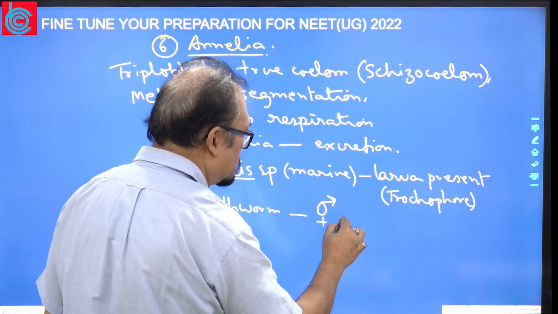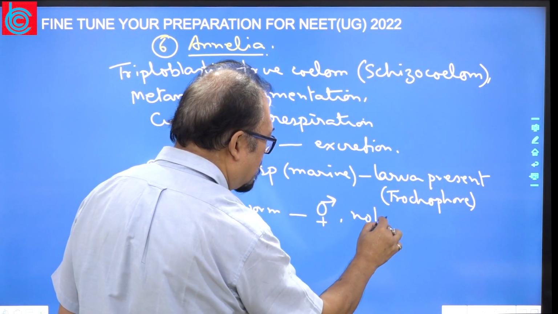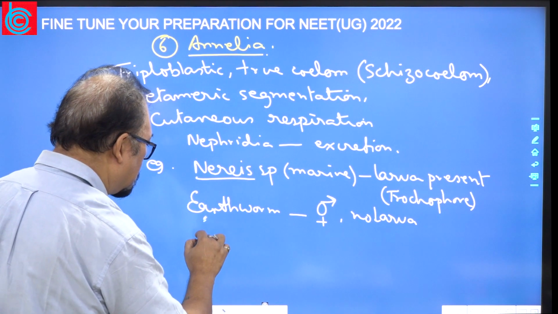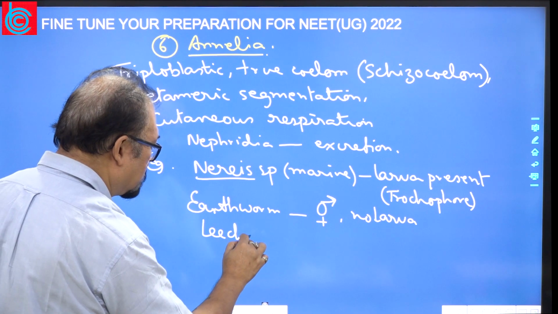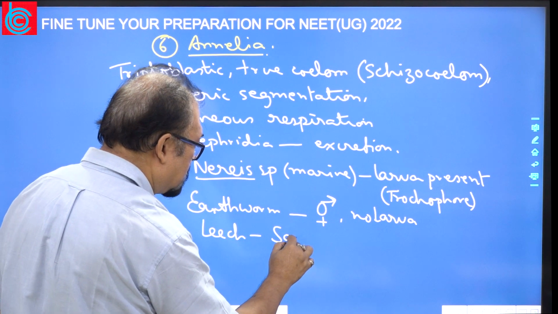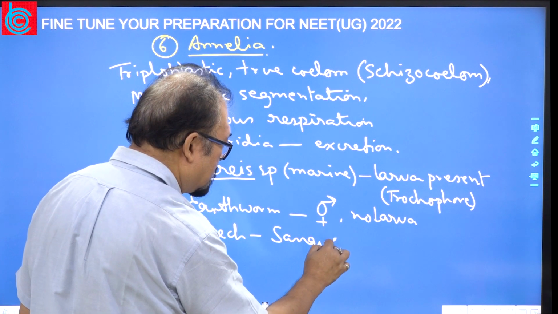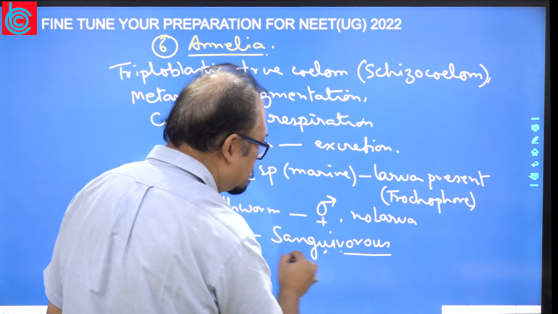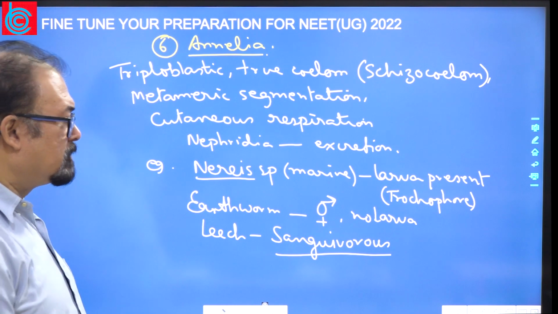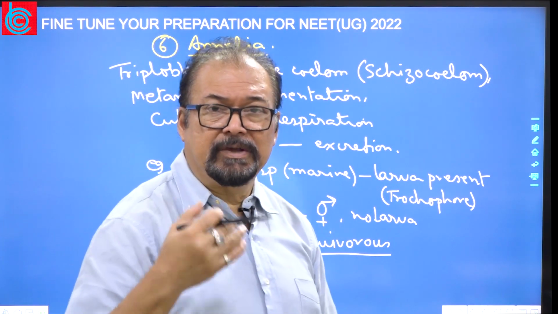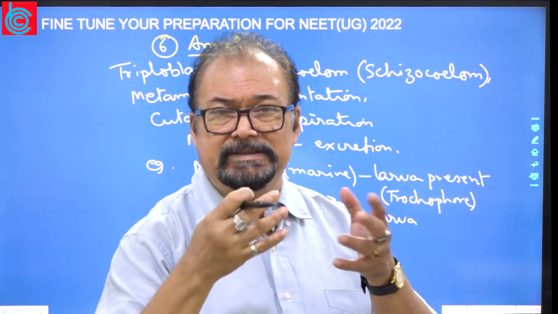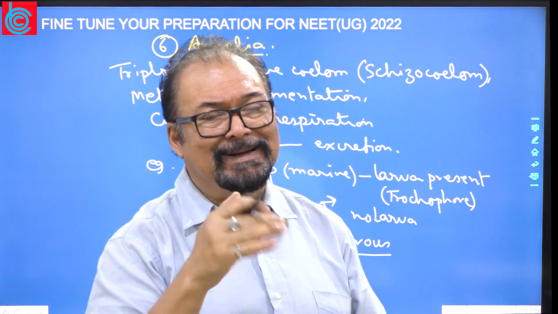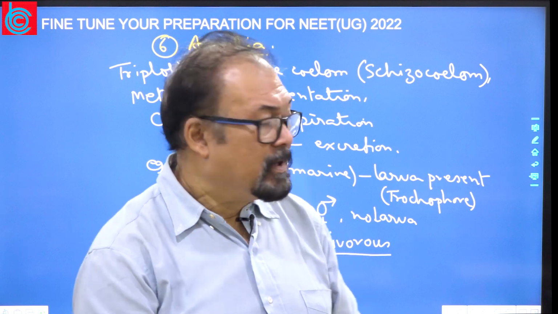Dioecious? No, monoecious. No larva. Leech. Sanguivorous. Which animals are sanguivorous? Which eats blood of other animals. Mosquito is sanguivorous, leech is sanguivorous.